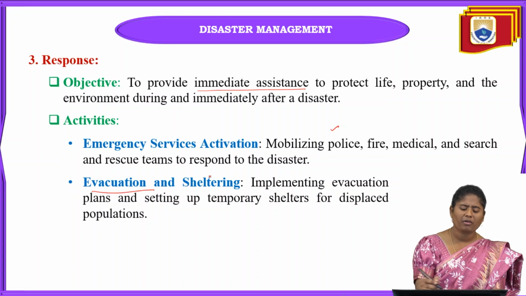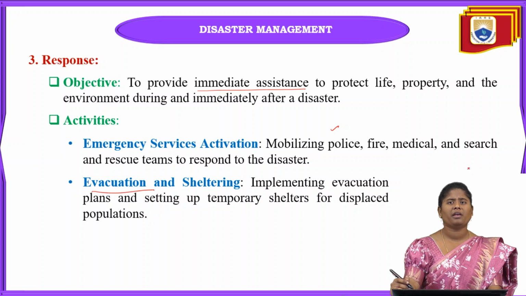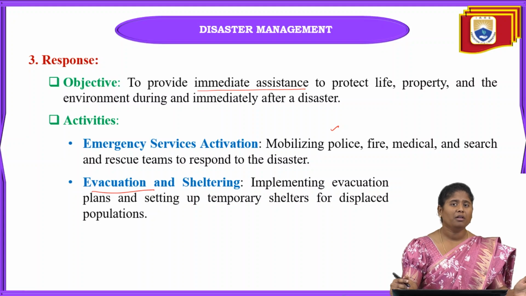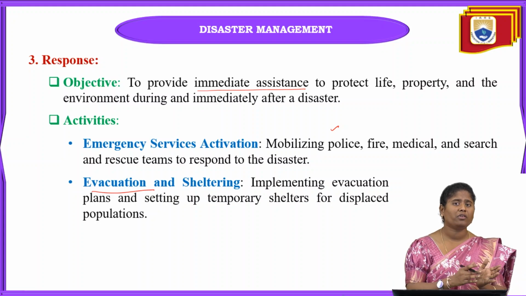And next one is evacuation and sheltering. Here we are going to implement the evacuation, like displacement. We have to implement the displacement plans, and also we have to temporarily give shelters to the displaced population. Why? Because if some area is already affected by the disaster, we have to save their lives, and after saving their lives we have to protect them.